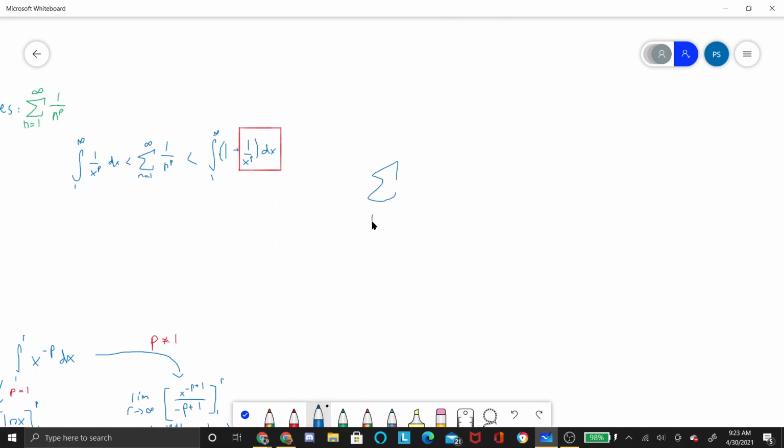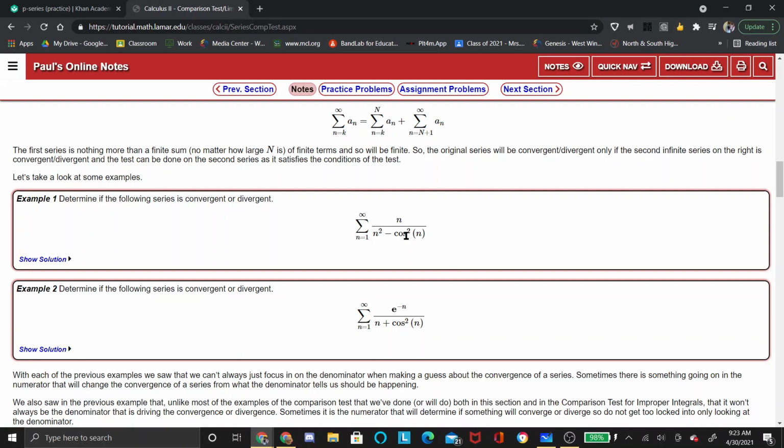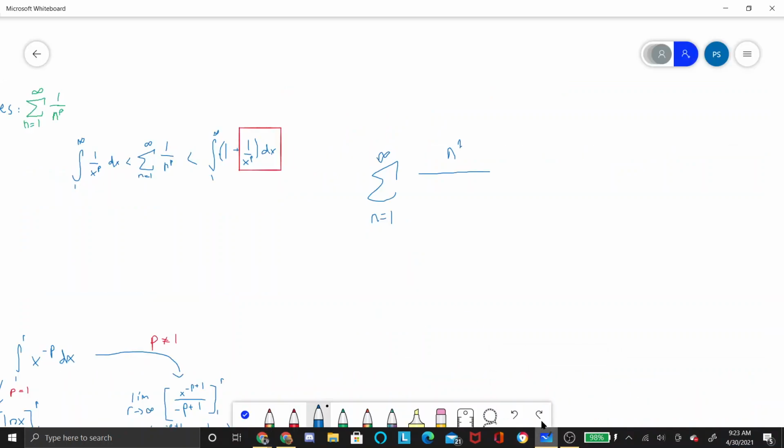Sum from n equals 1 to infinity of n over n squared minus cos squared n. So what we can do with our power series is use it in direct comparisons.